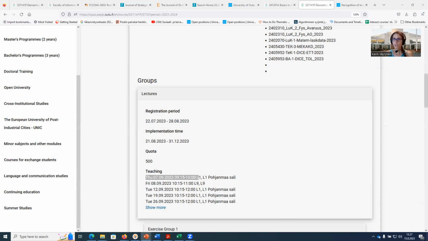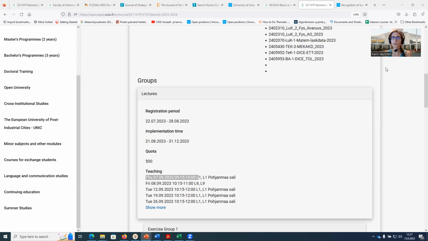Okay, so I hope this gives you now a good enough basis to find potential optional courses that you're interested in. Spend some time browsing courses, finding out information, looking at schedules, and so on.